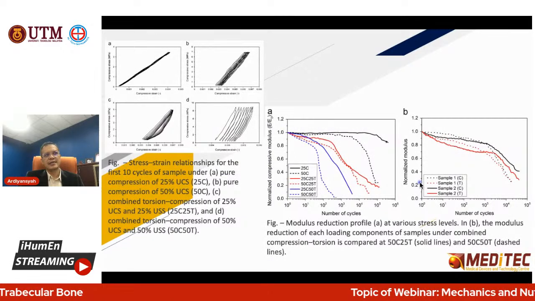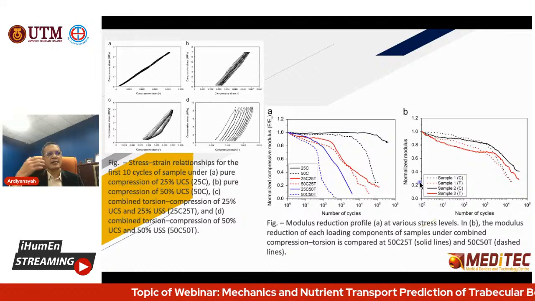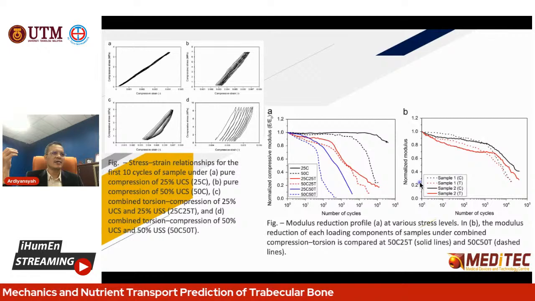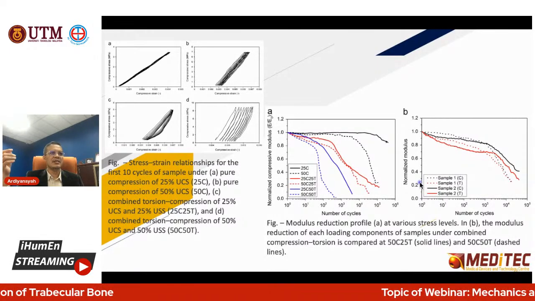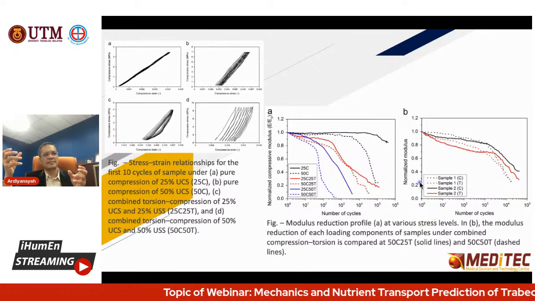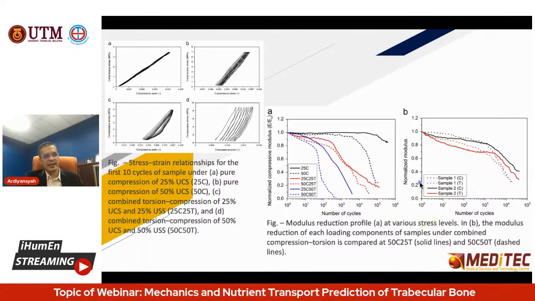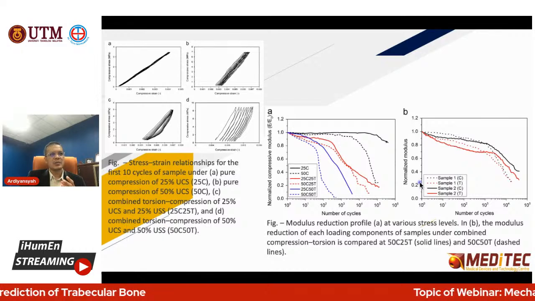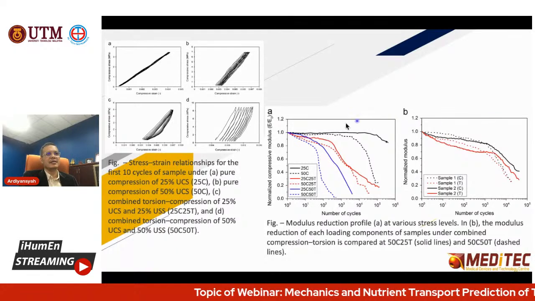If you check here, we try to simulate, let's say, 25% of the compression and 25% of the torsion, and another one is 50% to 50%. After that we combine them, then you can compare. You can check here in the graph.